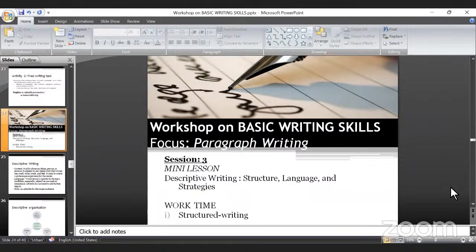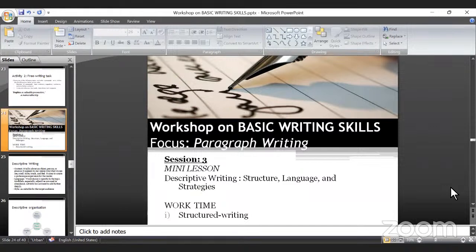Since we've already finished talking about the techniques and strategies, we come to descriptive writing today. Within this, we'll be discussing structure, language, as well as strategies to write an effective descriptive paragraph. That would form your mini lesson for today.